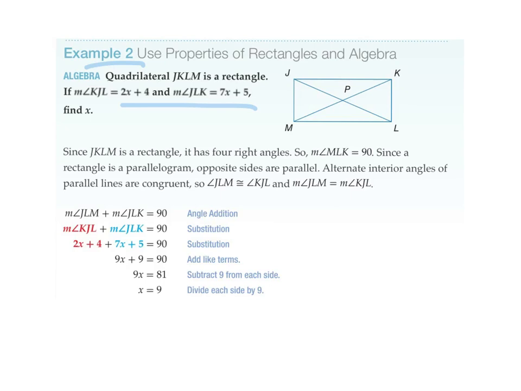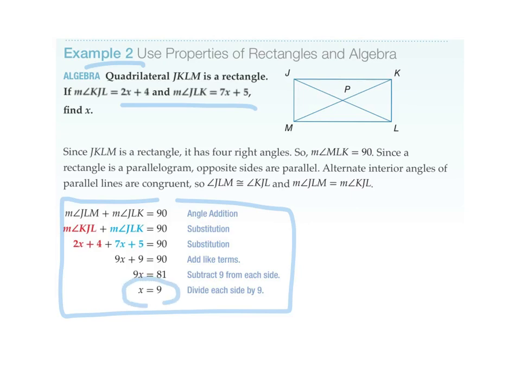Okay, so put your algebra together. The two angles that they gave you in the statement must equal 90 degrees. Replace them, substitute in with what you've been given. Solve, and eventually you'll finish up with x equals 9.